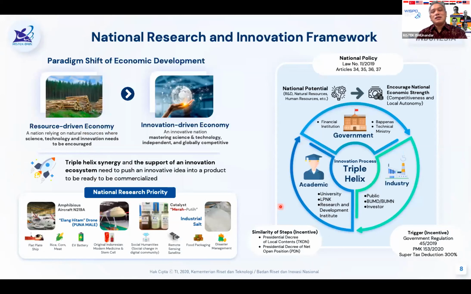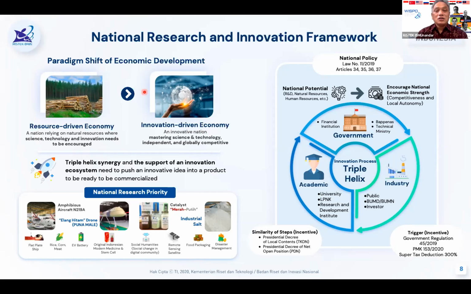This is in the national development agenda already. Indonesia believes that in order to escape from what we now call the middle income status, we have to shift from a resource-driven economy toward an innovation-driven economy.